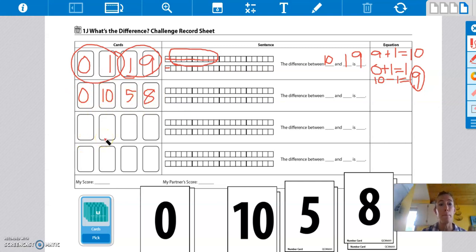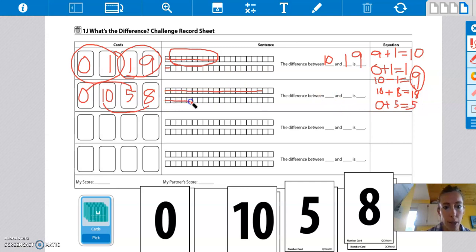I'm just trying to get the biggest difference. So what if I add these 2 together? 10 and 8. 10 and 8 is 18. Holy moly, that's a big number. So if I go 10, 15, 16, 17, 18, that's almost 20. And then I add 0 and 5, I'm at 5.